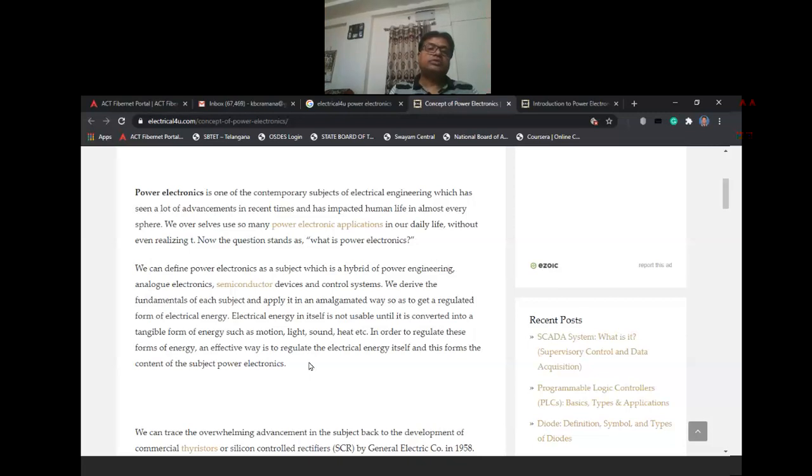But how are these things controlled? By electrical means, it is very difficult to control them. In the olden days, the control or regulation of these transmission and distribution voltages and currents was done by electrical means, but it was not efficient.